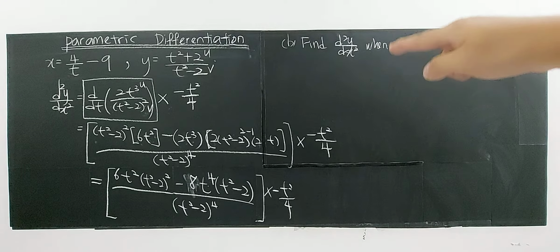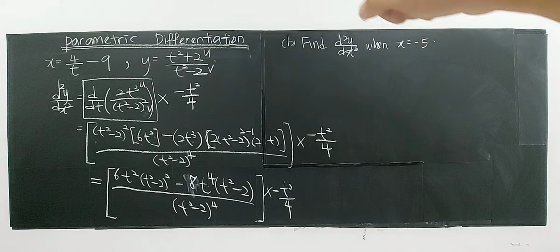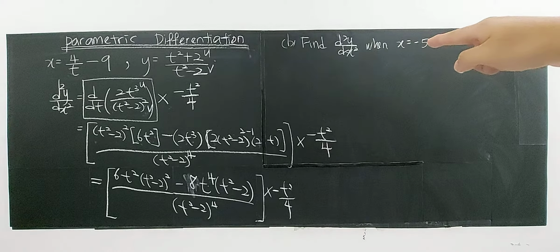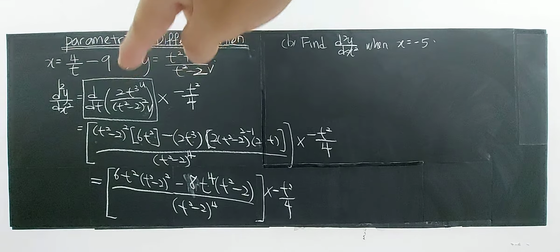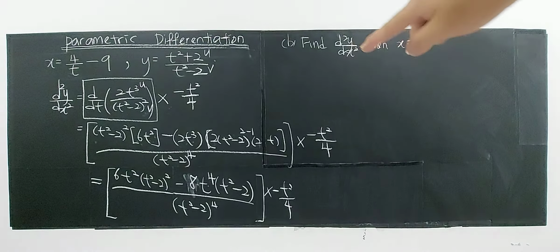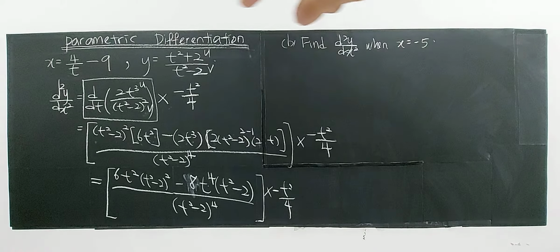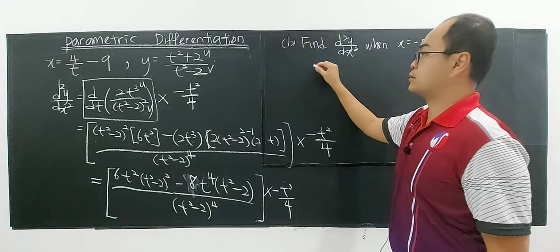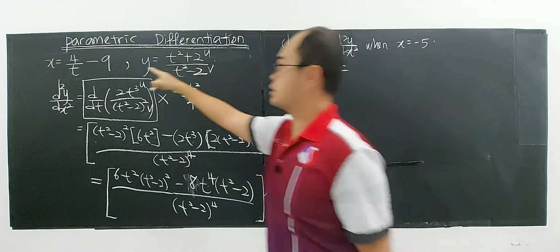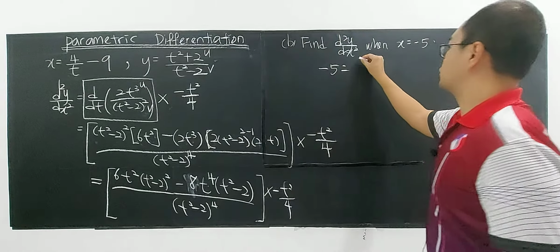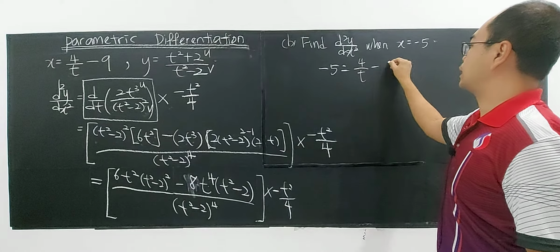So with this information, you can find the value of t by substituting x equals negative 5 into the parametric equation, where you can relate x with t. So negative 5 equals 4 over t minus 9.